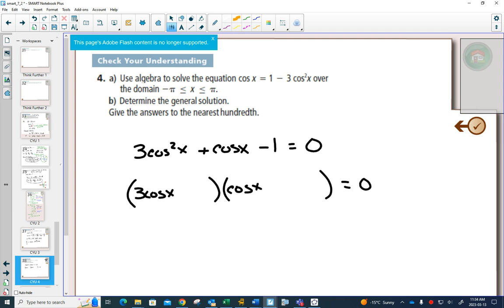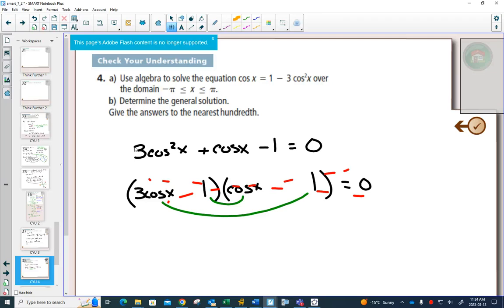The only nice numbers that give you 1 for multiplying are 1 and 1. And if I look at what my outside is and my inside, I would have a 3 cos x and a 1 cos x. Does that ever make 1? No. That's the only option with the 3 and the 1. So I can right away tell this cannot be factored, because if it could be factored, those numbers would have to be there.